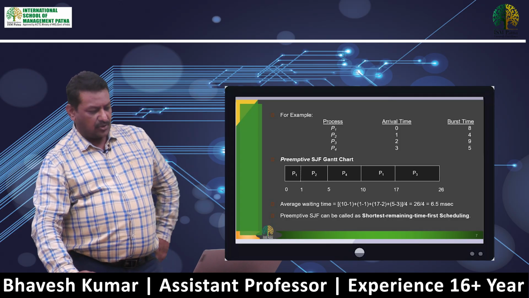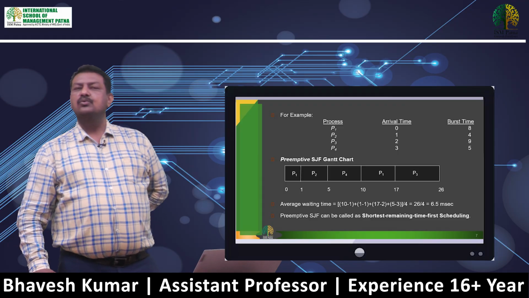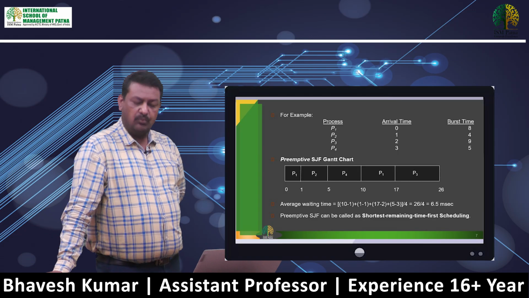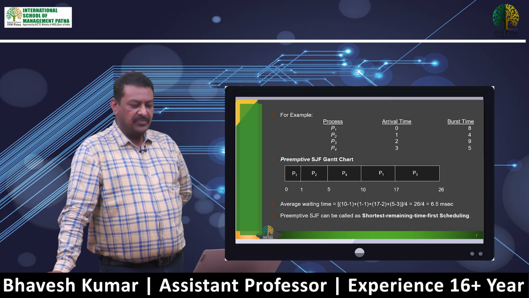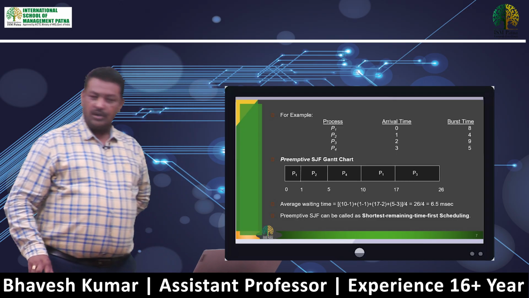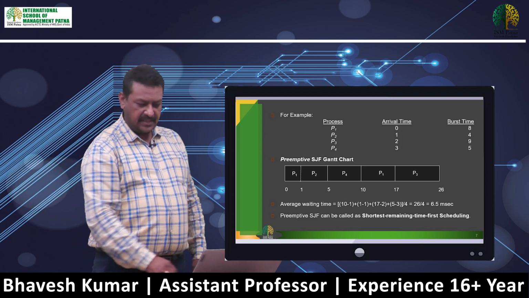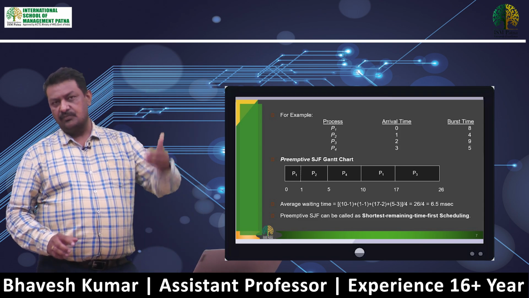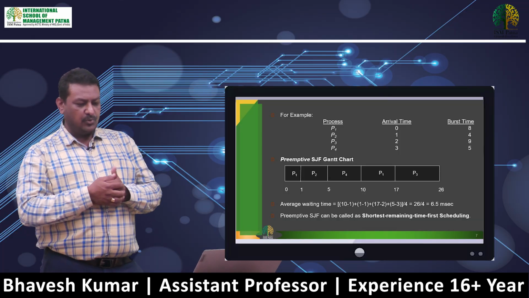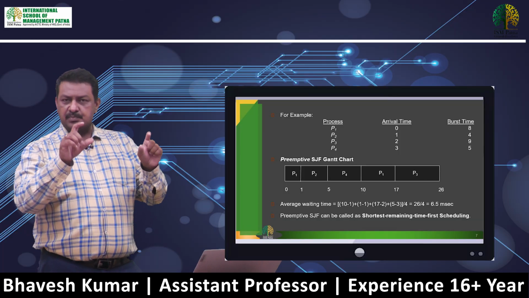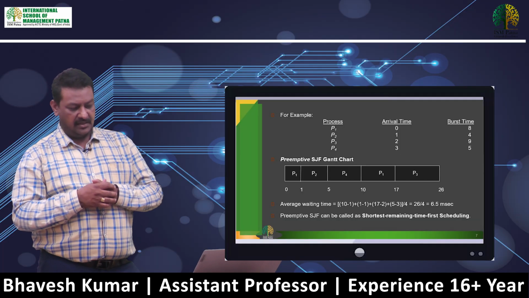So here, when we are talking about SJF, it could be preemptive or it could be non-preemptive also. Now, what is preemptive and what is non-preemptive, that we should understand, right? When it comes to non-preemptive, just imagine for this example itself, there were four processes. They were in the ready queue, and based on their smallest burst time, they were getting allocated the CPU to get executed.